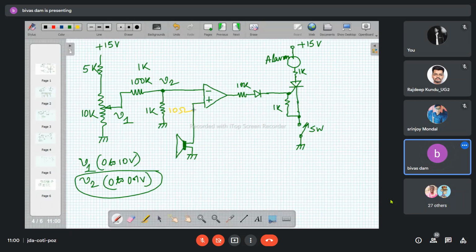Ankit? Can you repeat the question once? I have replaced that 100K resistance by 1K resistance and 1K resistance by 10 ohm. Then also the ohms are in the ratio of 100:1, probably. Is it not? Yeah, it is so. In that case, do you think that V2 will continue to give the voltage in the range 0 to 0.1 volt?